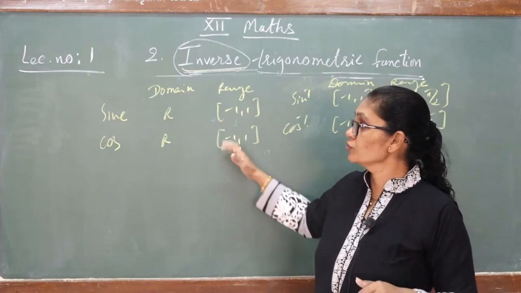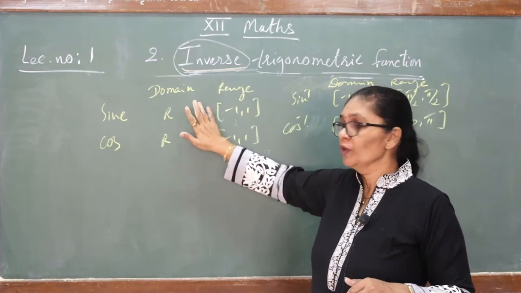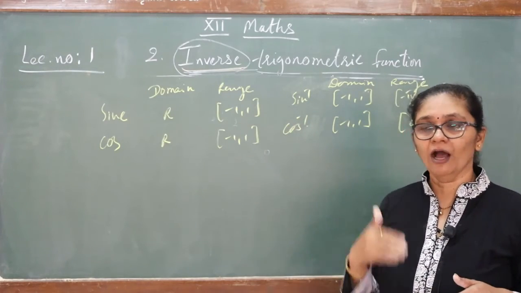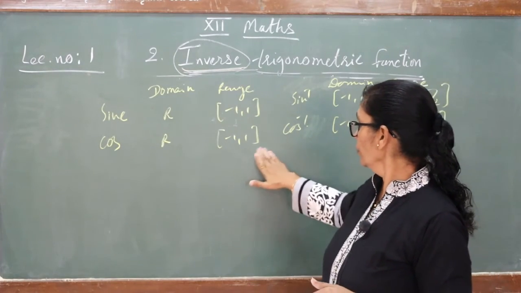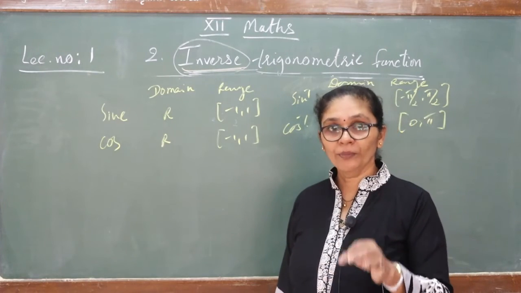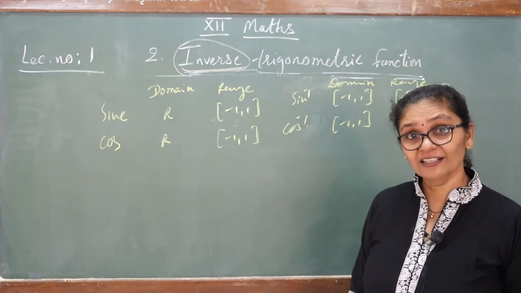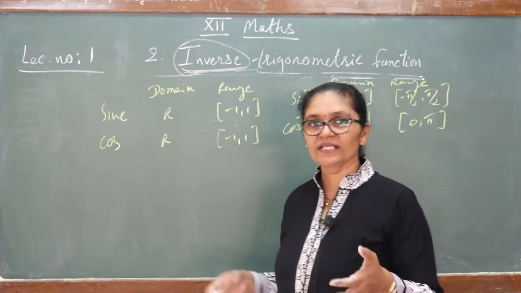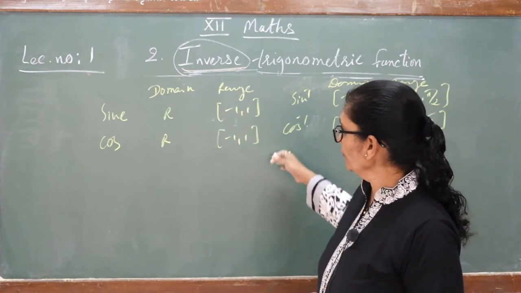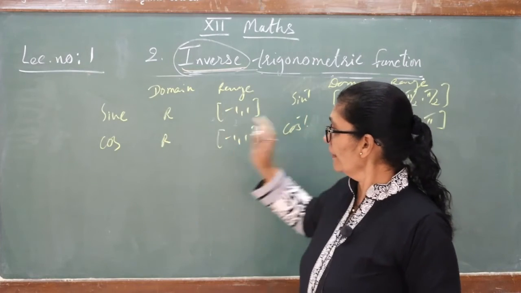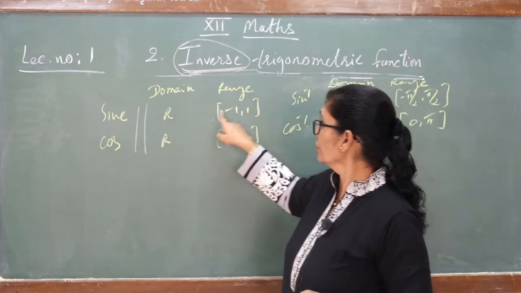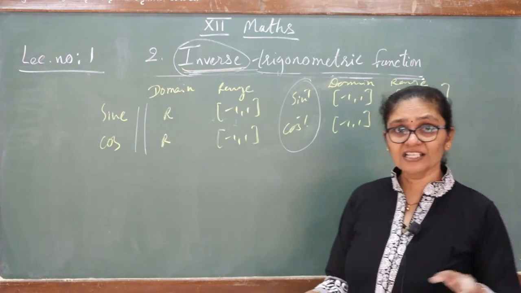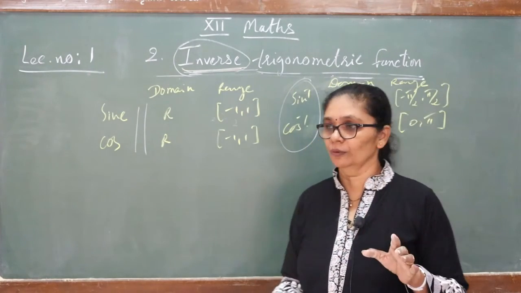So whenever you solve these questions, if you have an idea of domain and range and how to solve it, then only can you go through the proper method for integrals and differentiation. So this is the pillar, or you can say the base of it. So do it the proper way. Remember this table: for sine and cos, what the domain and range are, and when you write the inverse, your domain becomes range and range becomes domain. That also you have to remember.